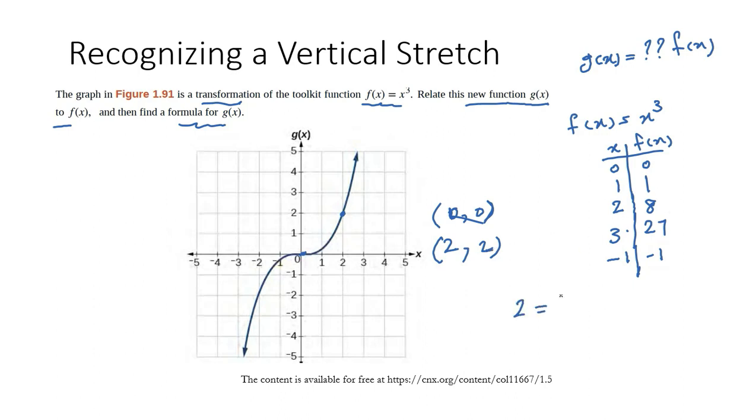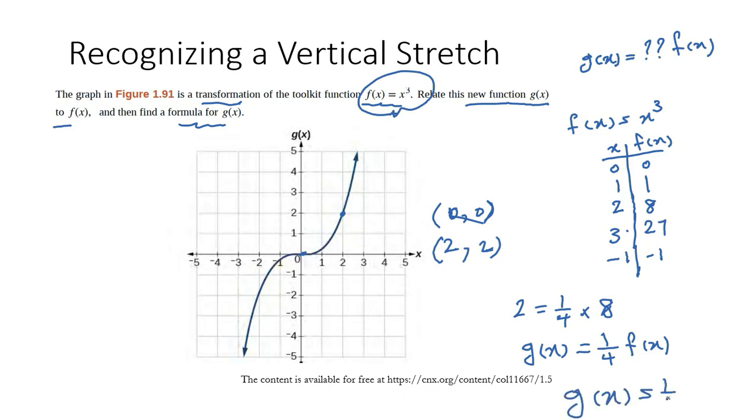So 2 is equal to 1 over 4 times 8. So g of x is equal to 1 over 4 times f of x. And because f of x is x to the third, then g of x is equal to 1 over 4 x to the third. That's the equation of g of x.